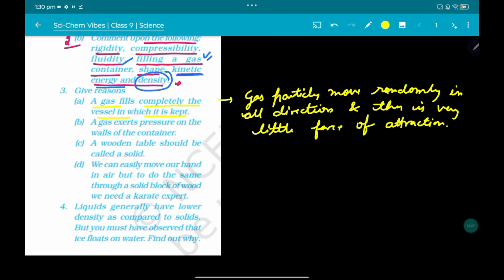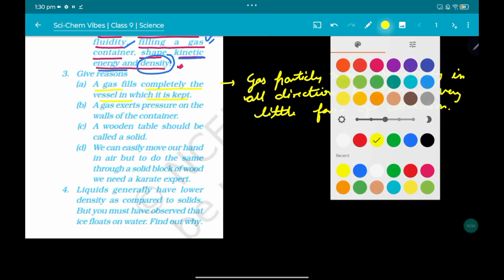Because of this, they spread and fill the entire container.